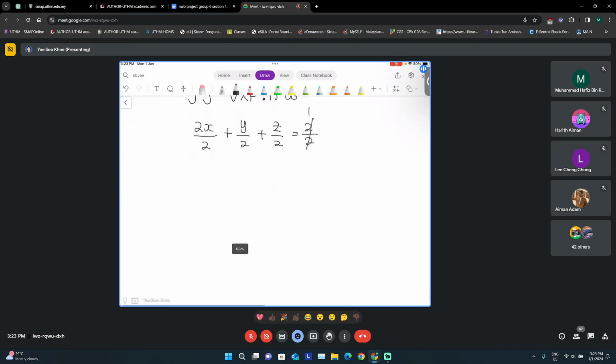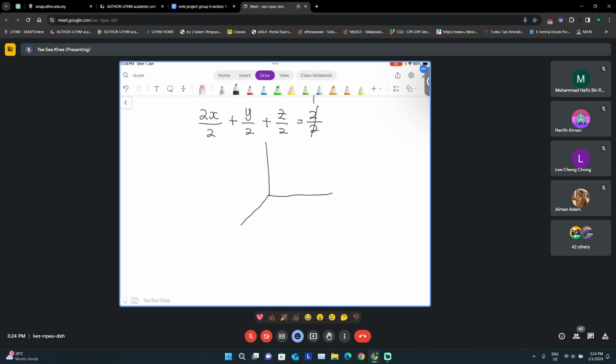From here, you know the intersection points of the plane. So z is 2, y is 2, and this is 1.